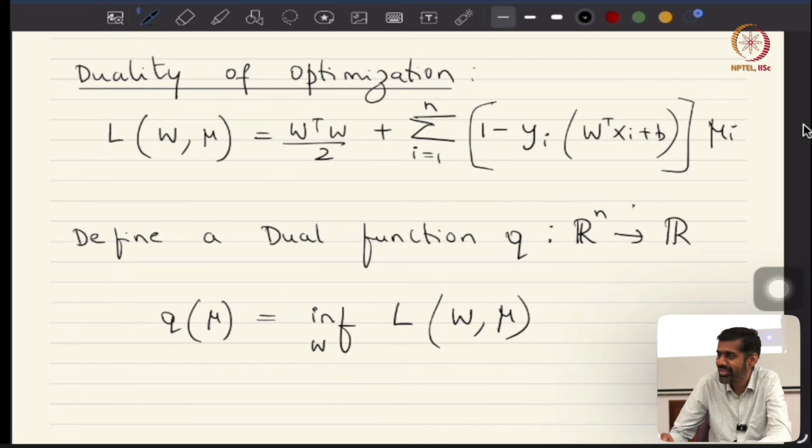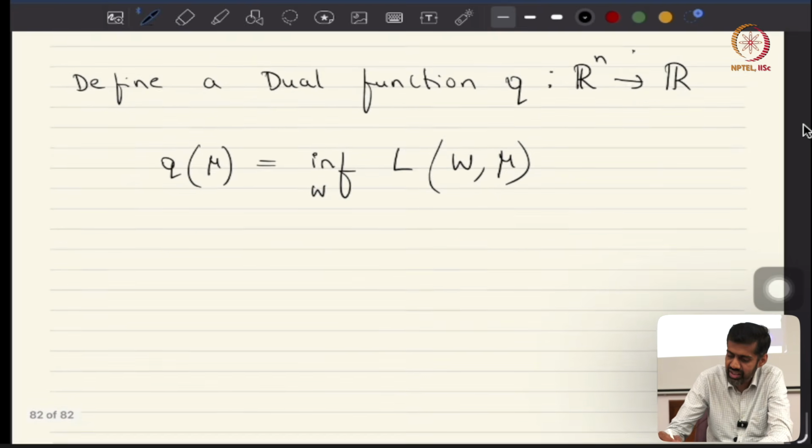It is the greatest lower bound. The difference between minimum and infimum is that the minimum can be achieved, while the infimum may not be achieved. If you can find the minimum of a function over a particular set, then it's the minimum. If you cannot find that minimum but the bound exists, it's called the infimum. So you will have to find the infimum.